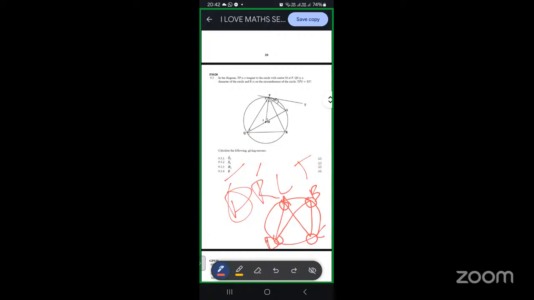Okay, let me do this. Do you see those A, B, C, D? You agree that this is a cyclic quad? Yes.